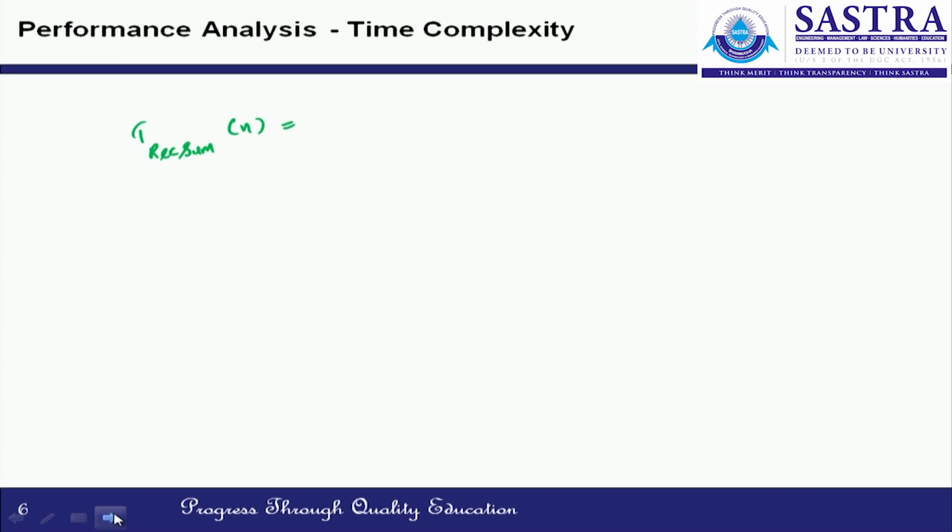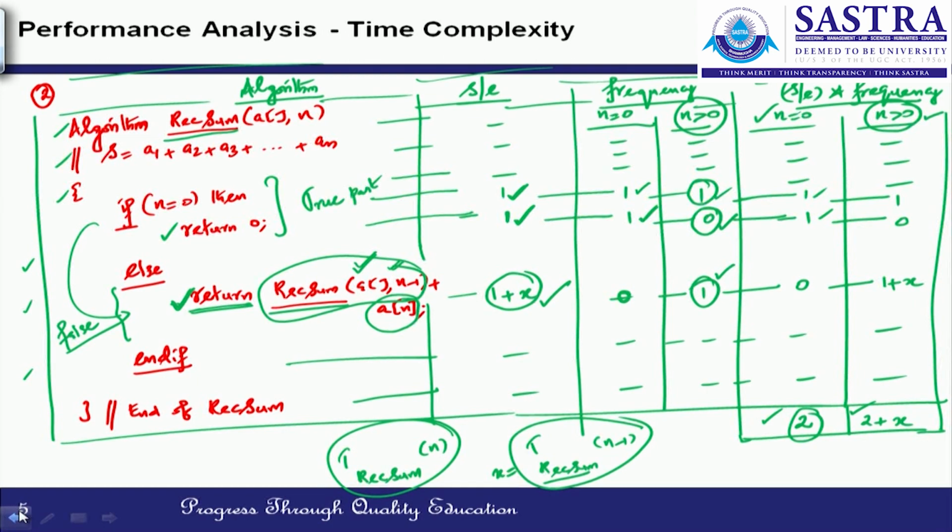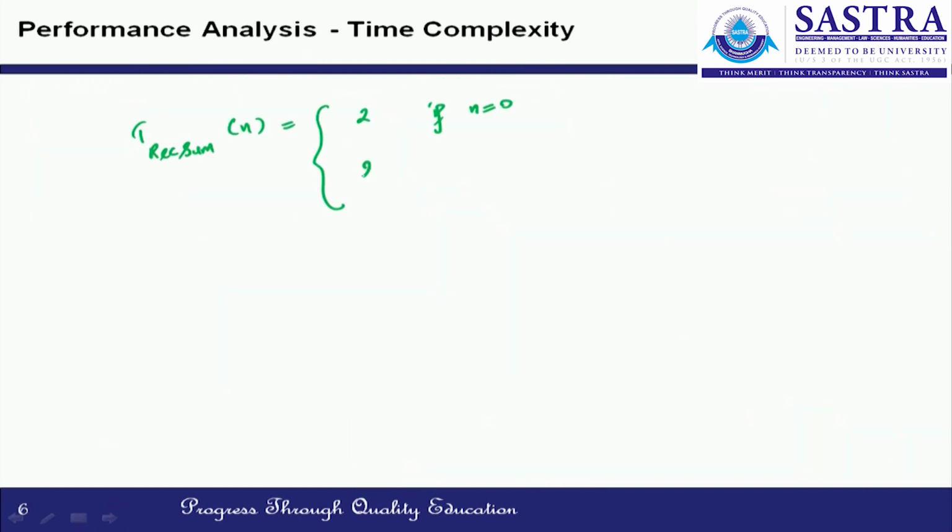So, T recursive sum of n is equal to 2 if n is equal to 0. And 2 plus x when n is greater than 0.